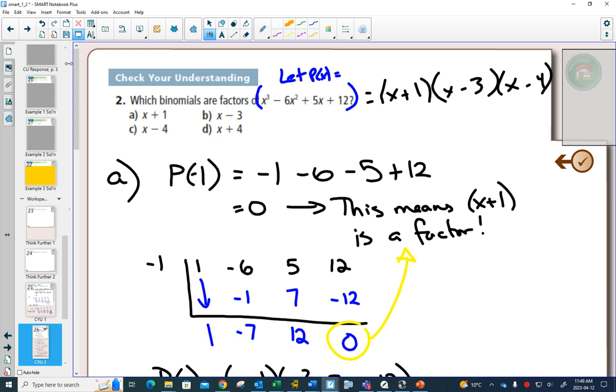If this was the question with the p of x, and they said, find 1 factor, and one of you said, well, I'm going to try x plus 5, I would look at you and say, terrible choice. I can tell you right away x plus 5 is not going to work.